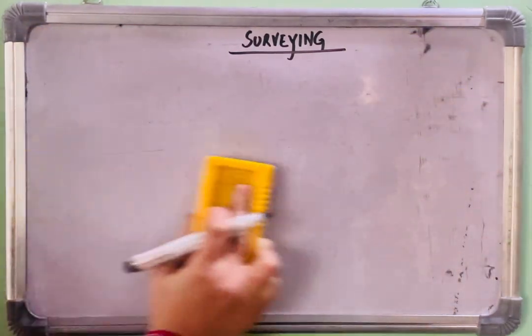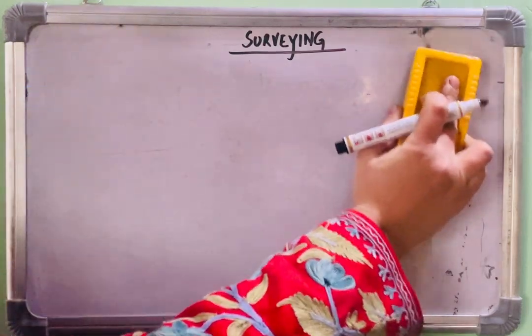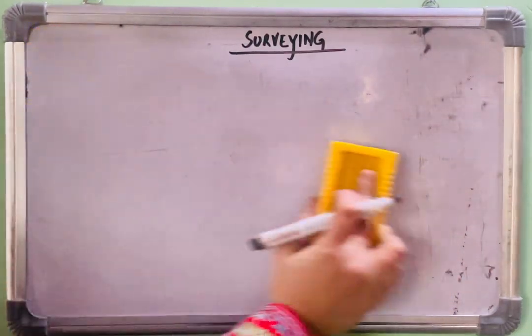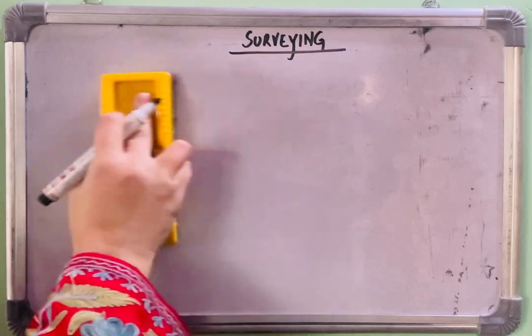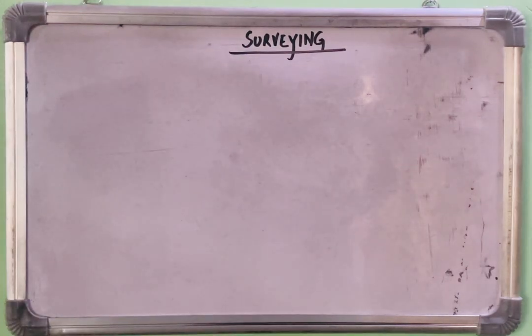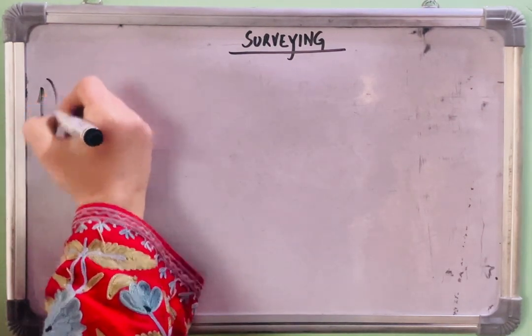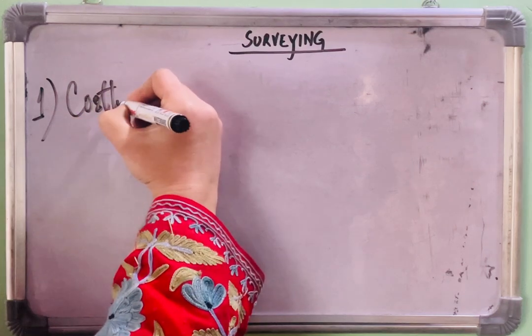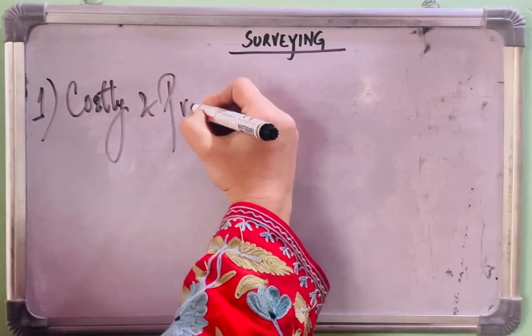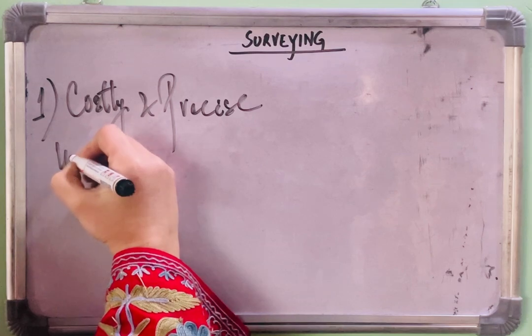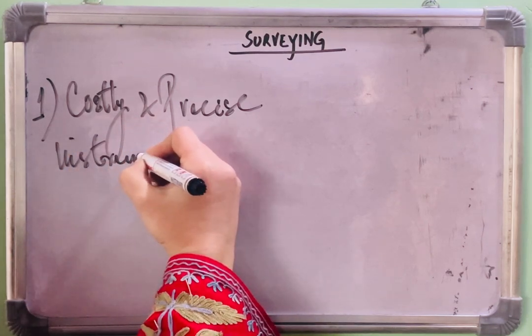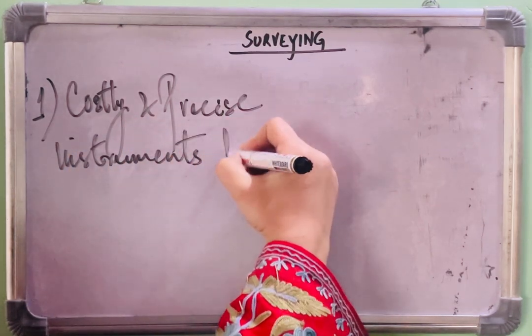Any desired accuracy can be attained in the field, but as the accuracy goes on increasing, the cost will increase automatically and very costly and precise instruments will be used.